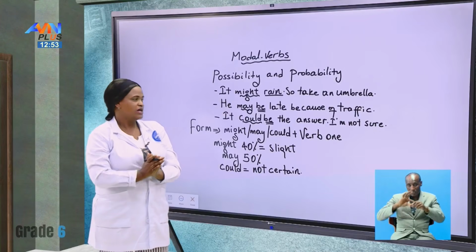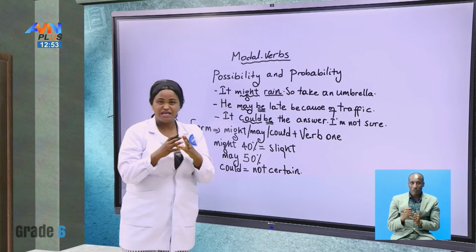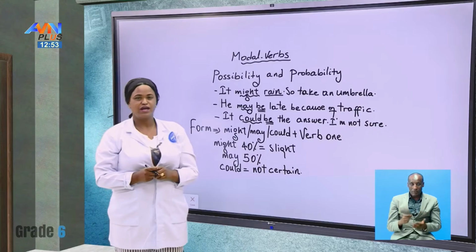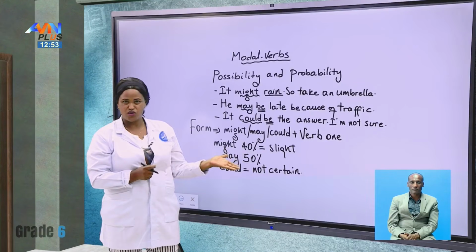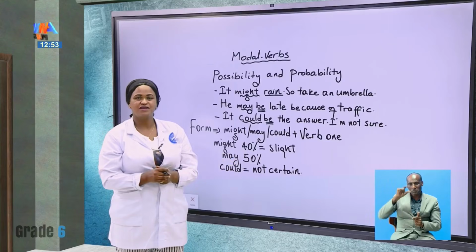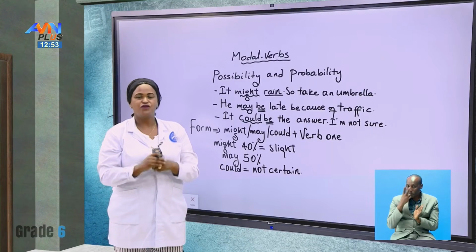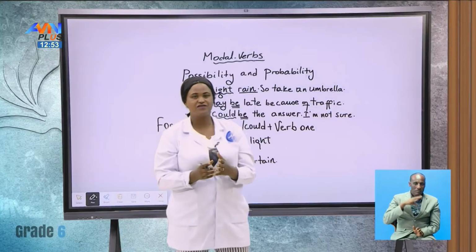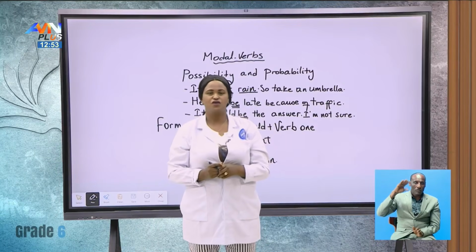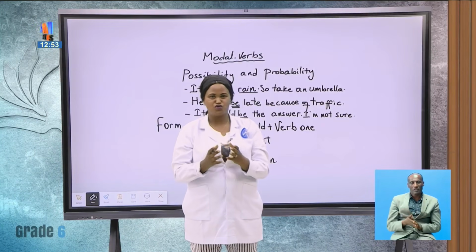Now, earlier I told you to make some sentences of your own. Can you now rewrite them based on the degree of possibility that you have? Let me give you a few seconds to check your sentences. For those which you believe have a possibility of 50% and above, use may.